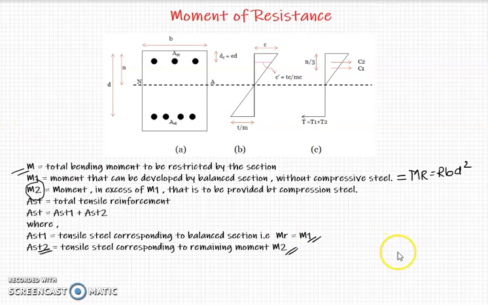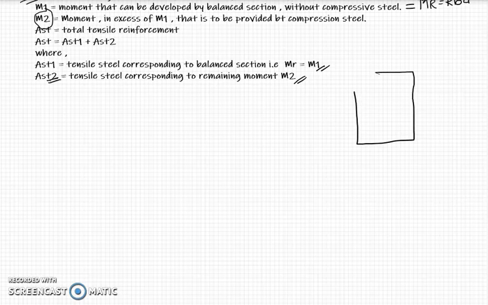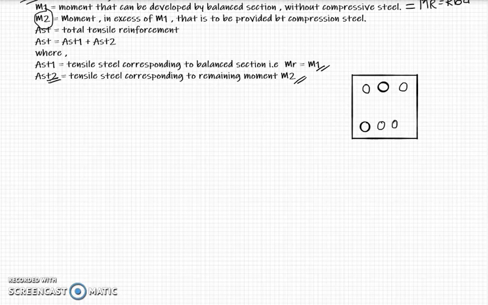To give you a clear idea, I will just consider a beam section here. There is some ASC here and there is AST that is provided. When I say there is that moment M1 which is equal to Mr, with respect to this M1 we are going to provide a certain amount of steel, I'll take this total as AST1, 3 bars.